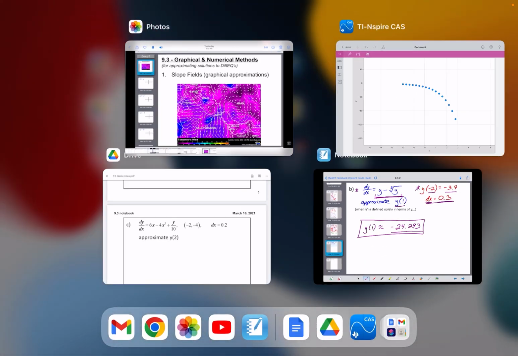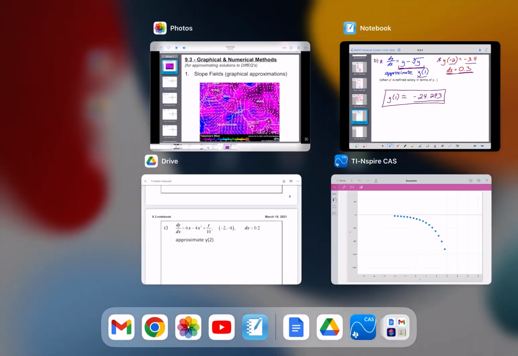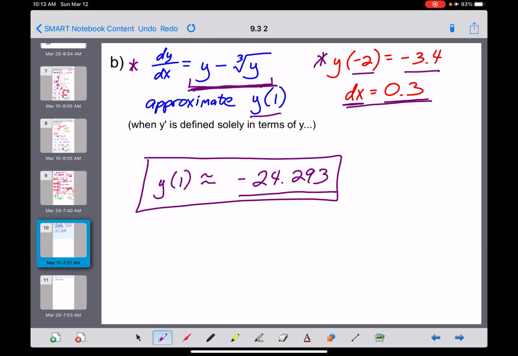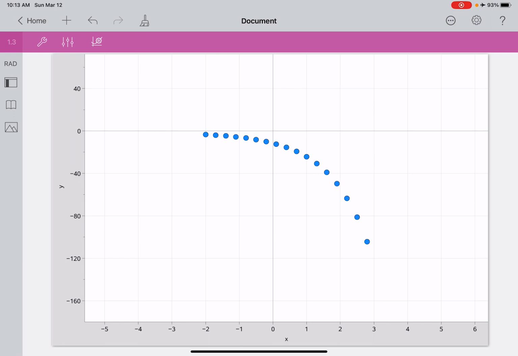Is that what I thought those y's were going to do? At y1, we're at negative 24.93. All right, well, I think the big takeaway from this right here, guys, is that we've got a linear, it's not quite linear. That's a really tough one to be able to look at to determine if that solution curve makes any sense or not. I guess we're just going to have to assume that it does.